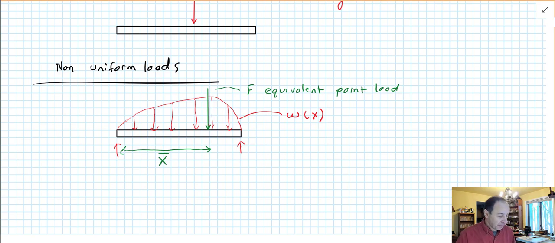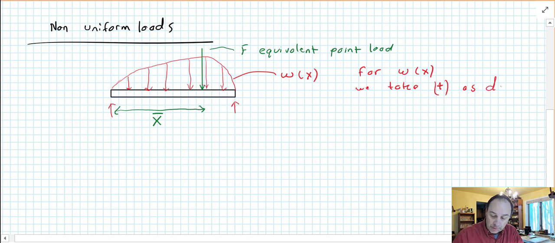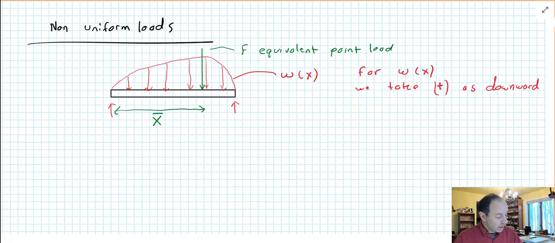All right, so one thing to note here, when we do this analysis for the distributed weight, we take positive as downward, because most of our loads are gravity and are usually acting downwards.